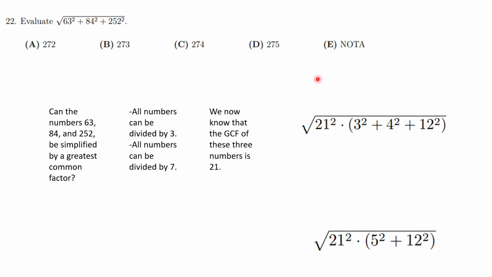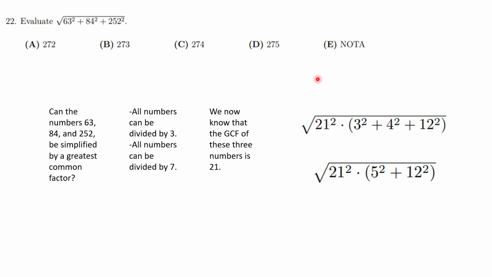Now, we simplified that expression to the square root of 21 squared times 5 squared plus 12 squared, right? Now, 5, 12, and 13 are also Pythagorean triples, so we can logically simplify this to the square root of 21 squared times 13 squared.